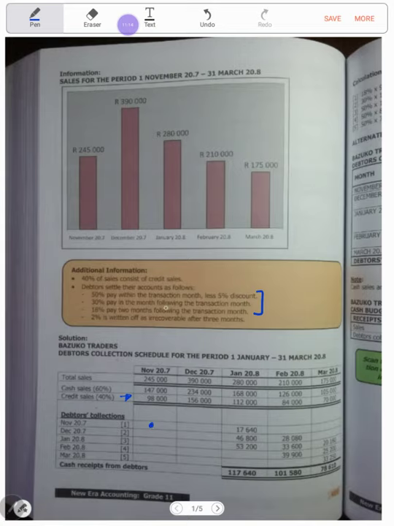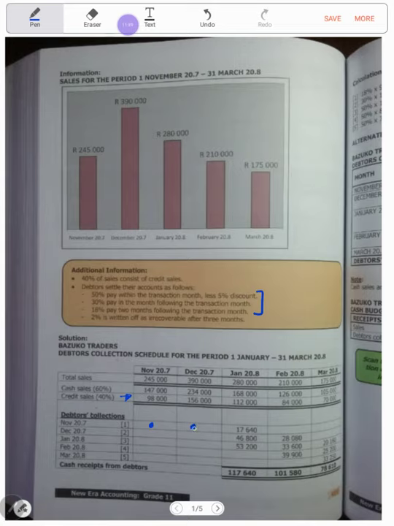30% pay in the month following the transaction month. So if the transaction month was in November, 30% of them will pay 1 month later in December. But this is not my budget period, so I'm not interested in that. So I go to the next point. 18% pay 2 months following the transaction month.